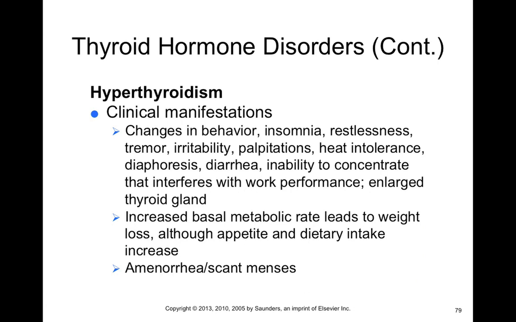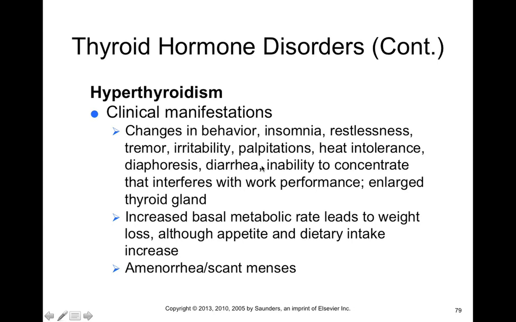Hyperthyroidism. Some of the clinical manifestations, we're talking about how having high thyroid levels, so hypermetabolism, will lead to changes in behavior, insomnia, restlessness, tremor, irritability. This just comes from excessive nervous system excitability, palpitations, heat intolerance. In fact, they're going to be kind of hyperthermic. Diaphoresis, diarrhea from increased GI motility, right?